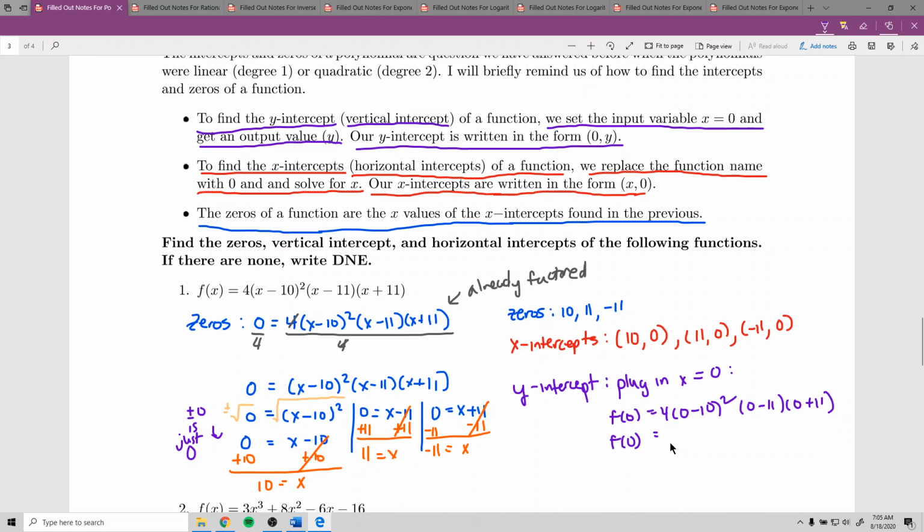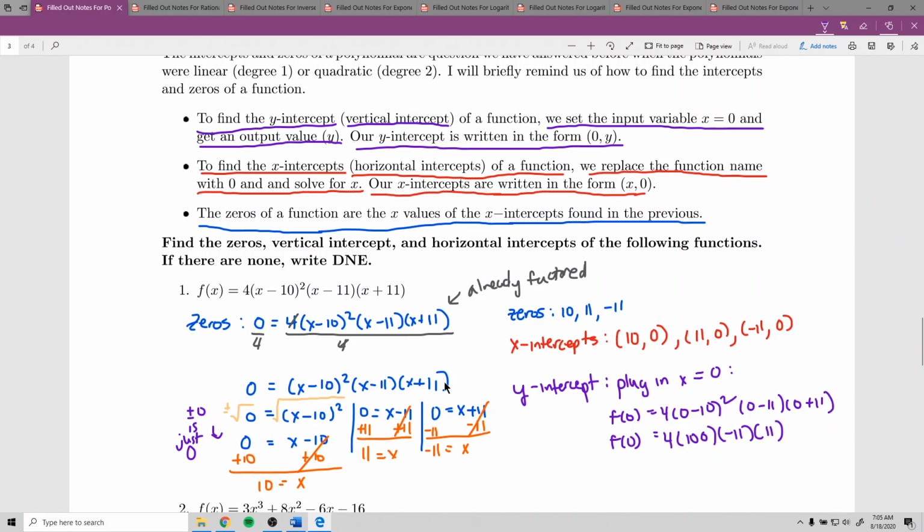This number looks like it's going to be quite big. Here we've got 0 minus 10 is negative 10 squared, which would be 100, times 0 minus 11 is negative 11, times 0 plus 11 is positive 11.